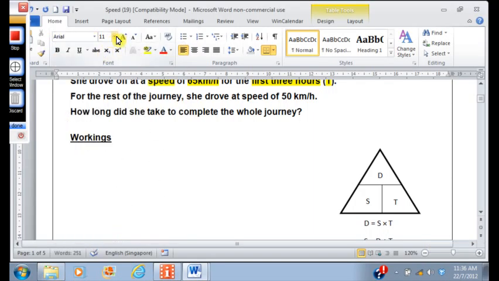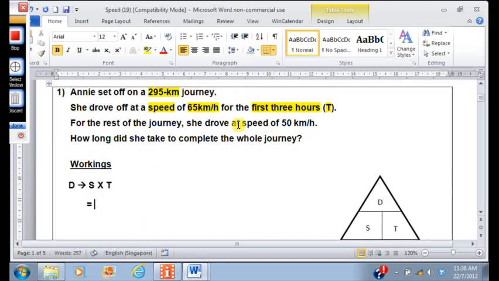Let me change the font, so please bear with me. The distance will be speed times time. And we know that the speed is 65 kilometers per hour. So you type 65 times.